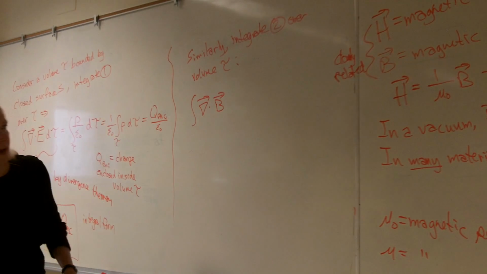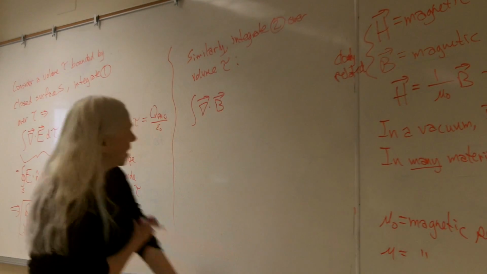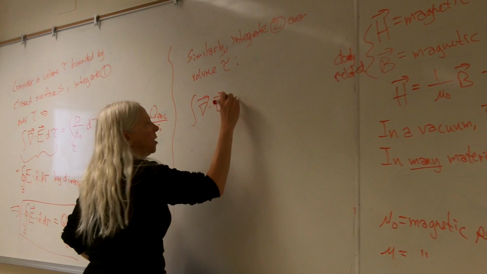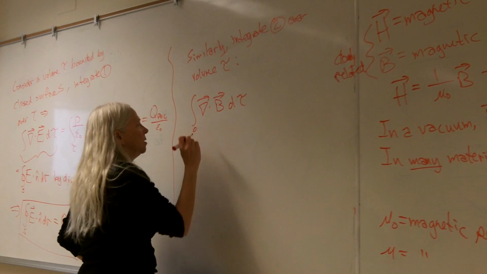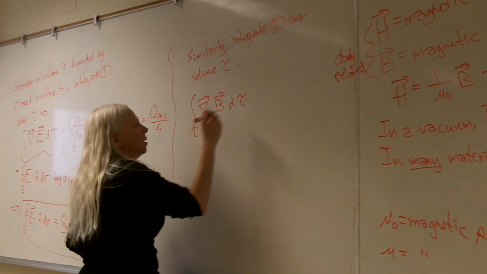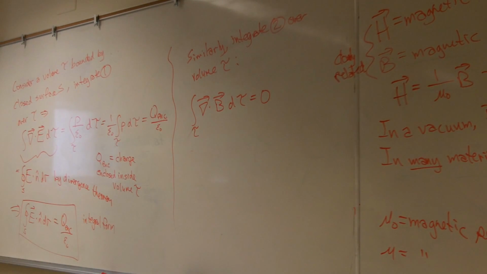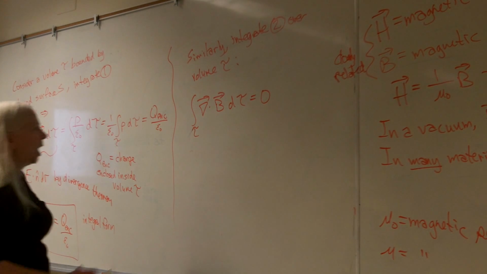On the second one of Maxwell's equations, we have the divergence of B, so we're going to take that and integrate it over this volume tau. Well, the right-hand side was 0, and it's still 0 when we integrate it over some volume. Integrate 0, so the result is still 0.